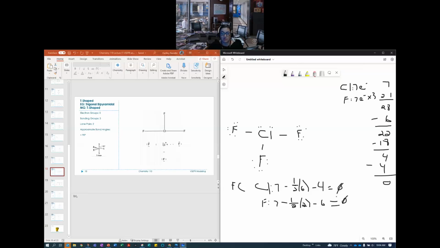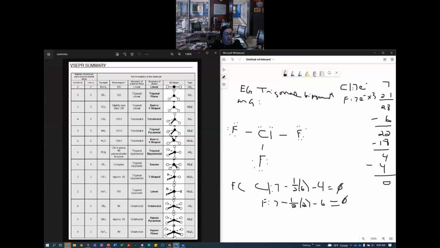Now, if I want to talk about my electron geometry, it is still that trigonal bipyramidal. So that's what we've been talking about for all my stuff that has 5. It's messy. My molecular geometry, on the other hand, I now only have 3 components that I'm looking at. So what am I going to call that?